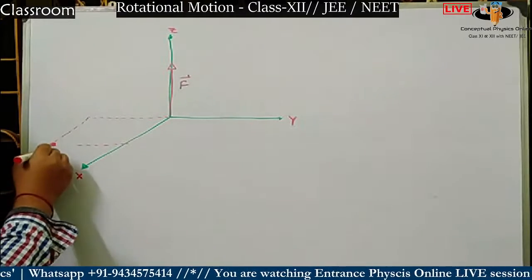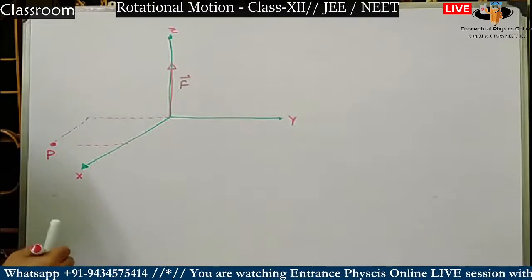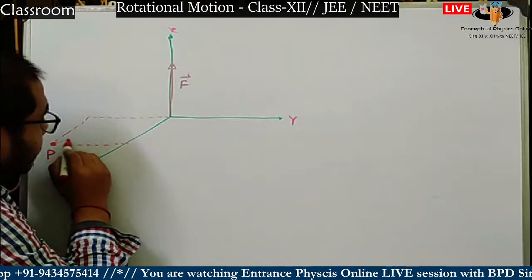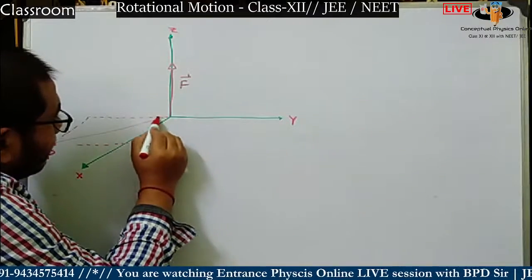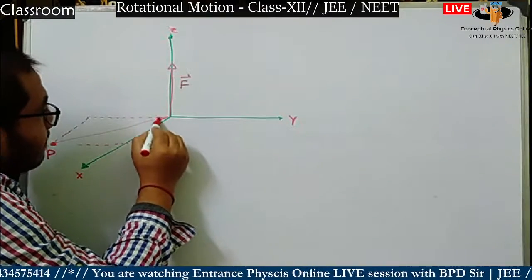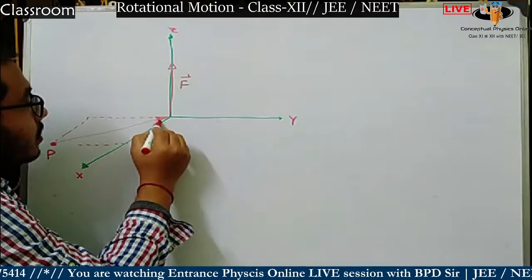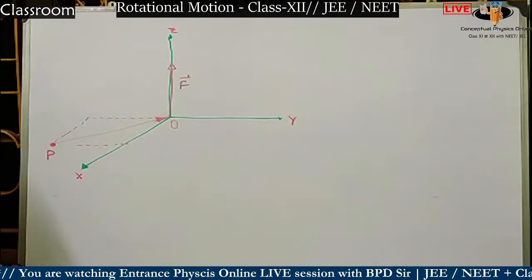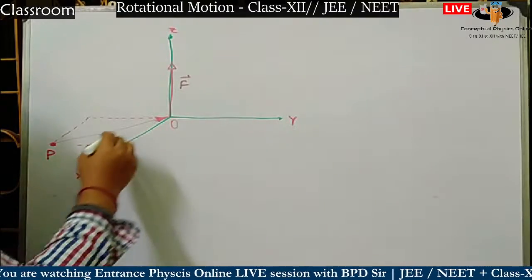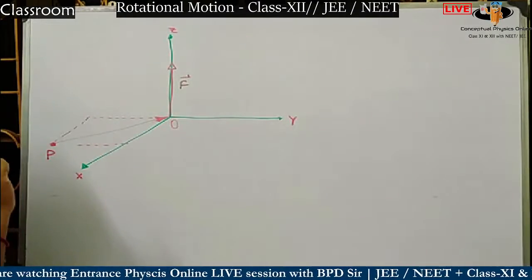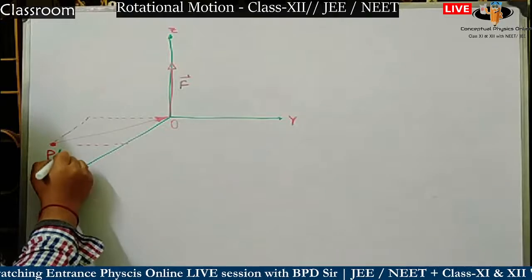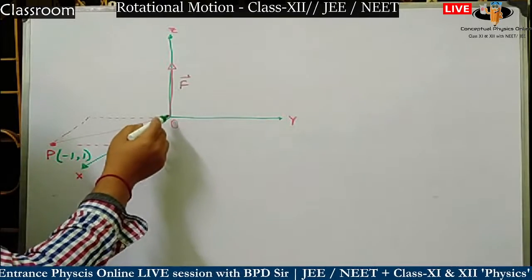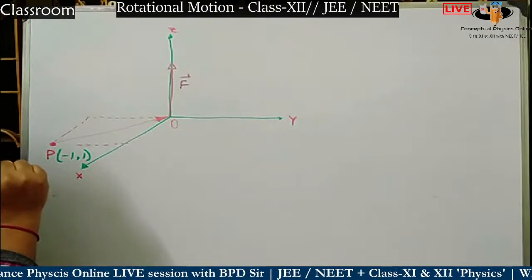This is point P. So the direction vector will be working towards the center. This is the center O, right? So the direction vector will be working in this direction. The coordinate of point P is (1, minus 1), right?